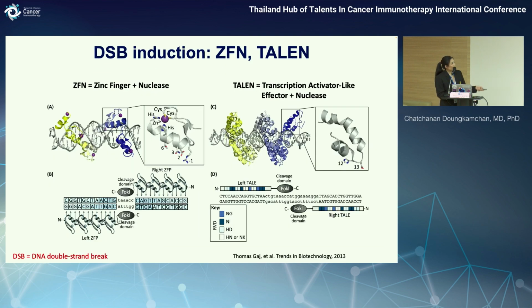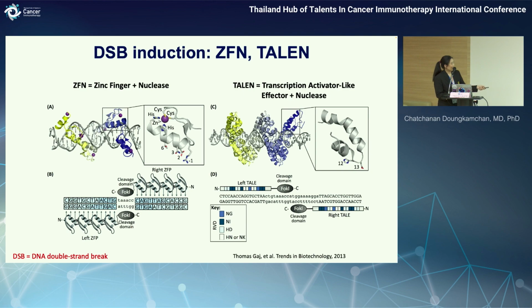Okay, let's look at each of them. For the zinc finger nuclease and the TALENs, you can see there's always a nuclease component, which is there to induce the double-stranded break. The other component helps direct the nuclease to the specific site on the genome. The zinc finger is a protein that can bind to DNA, recognizing three nucleotides at a time.